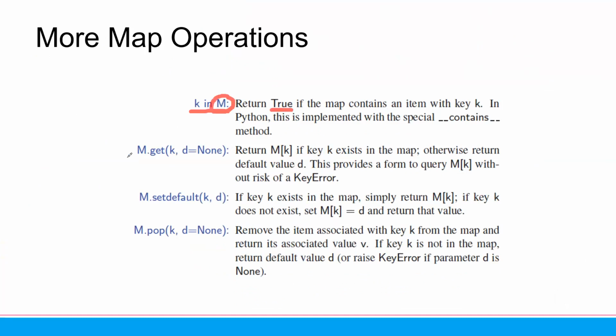And if I want to get k, it will return m[k]. It means I will get the value of the key k if the key k exists in the map. If k does not exist, then it will return the default value, which is None.